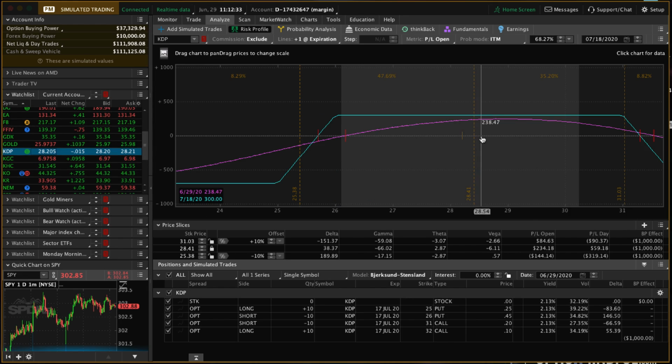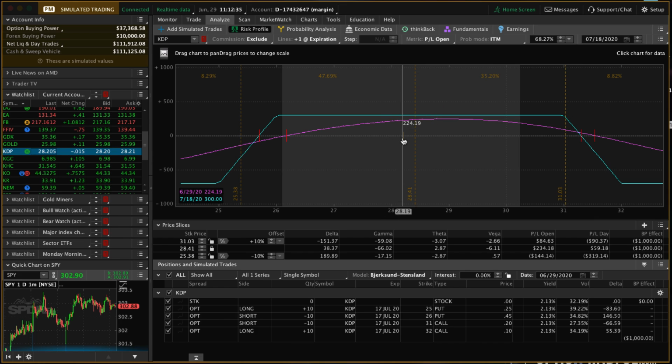KDP, it's an iron condor, and you can see I'm quite in the middle of it. I don't have to do anything with this. I could actually exit and benefit from this volatility, and just take my money and run. And I think I'm going to do it because I think the volatility may drop further.